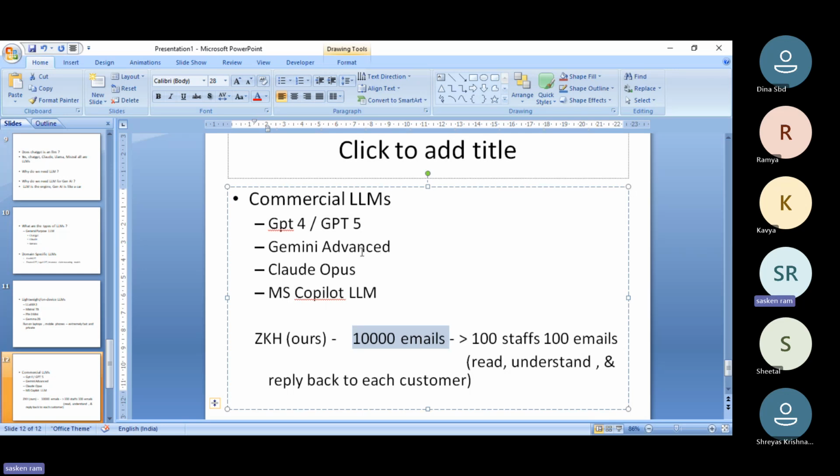Once it converts that into a category, you can automate it, right? Hey, for this kind of email, what response do we need to give? You give it. So the LLM automatically reads 10,000 emails, understands each and every email's intention, and classifies it. Based on the classification, it generates the automated response. Man, it's a matter of a few seconds, everything will be done.